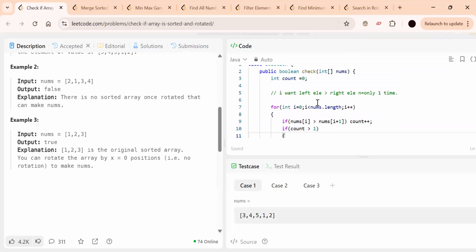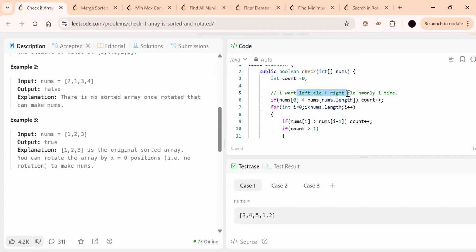But what about the other scenario that we discussed? Yes, that is one more important scenario. If your first element is less than the last element, you should never have a single case where this condition is true.